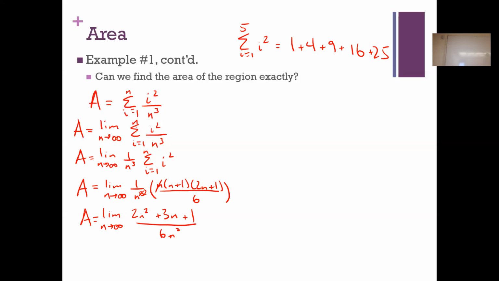Not only the denominator, because it's n squared and n squared on both, it's going to be 2/6, or 1/3. Yeah, so let's do this. Basically, to make it more clear, I'm going to divide both numerator and denominator by n squared, and then I get this limit. The limit as n goes to infinity of 2 plus 3 over n plus 1 over n squared, all over 6.